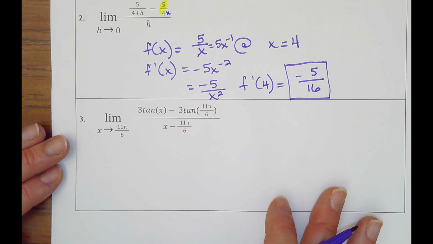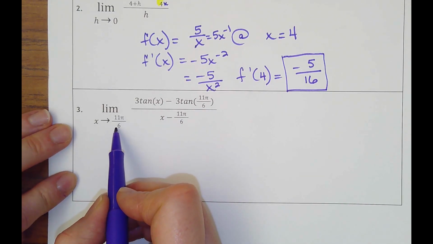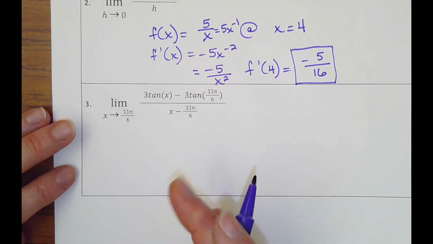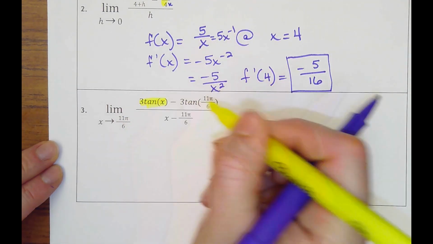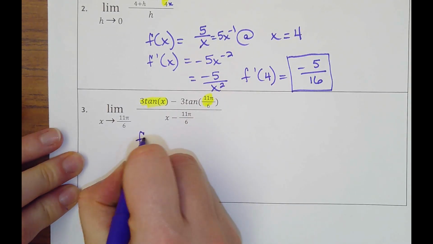And number 3, we have tangent in here. We see as x goes to a specific value, so that is that last limit definition. And so our function is going to be this 3 tangent of x, and we're wanting to find the slope specifically at 11 pi over 6.